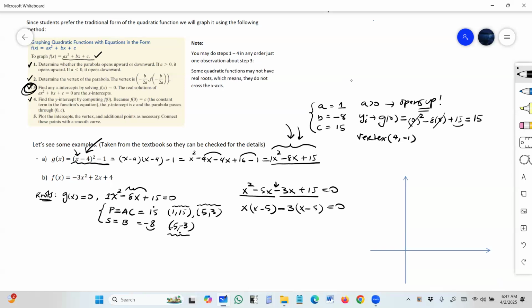And then you can see that x minus 5 is a common factor, so you factor that out. And in the second parentheses, I will get x minus 3. Now, at this point, I apply the zero product rule, which says that if the product is 0, then each factor is 0. So I'm going to solve this and solve that for x. So add 5 to both sides.